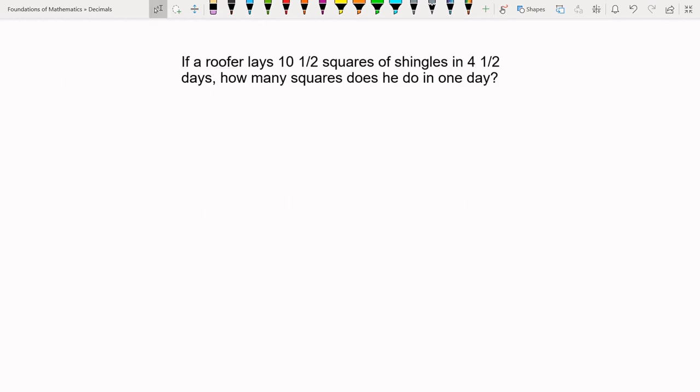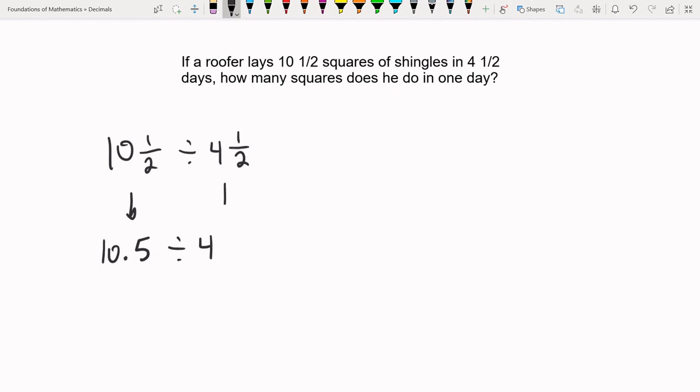If a roofer lays 10.5 squares of shingles in 4.5 days, how many squares does he do in 1 day? To find this, all we have to do is divide. Ten and a half is the same thing as 10.5. 1/2 is always going to be 0.5.